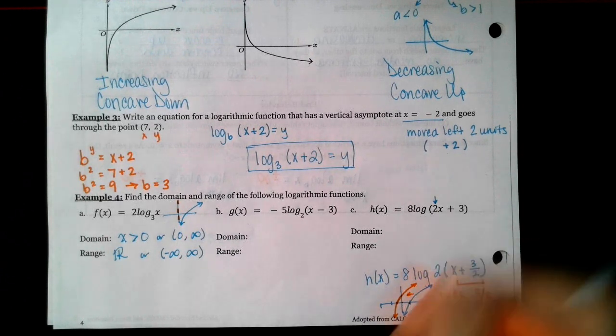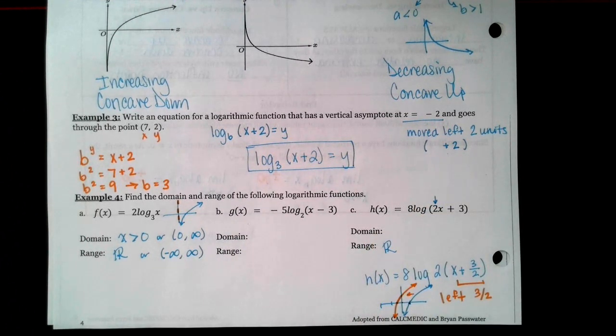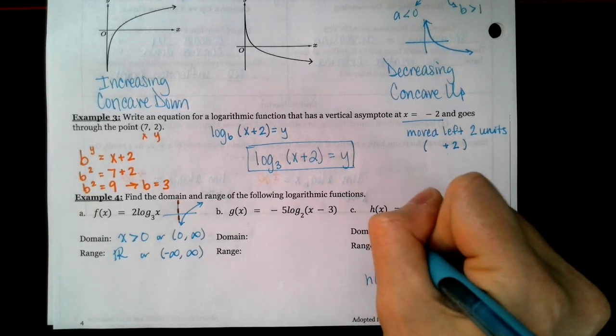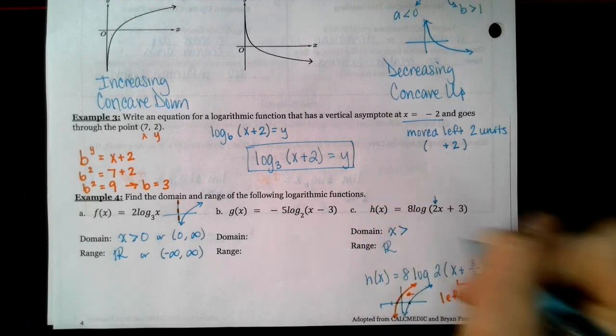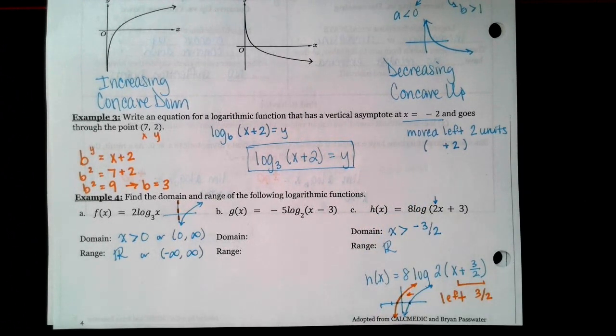And so my range is still going to be all real numbers, but my domain is going to be x is greater than negative 3 halves. So I'll leave that for you to try, and then you still have your check for understanding on the other side.